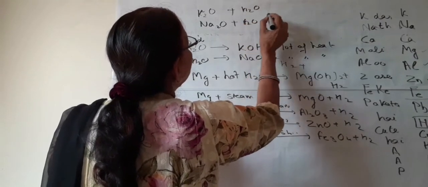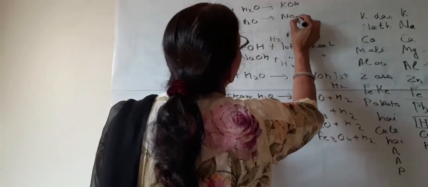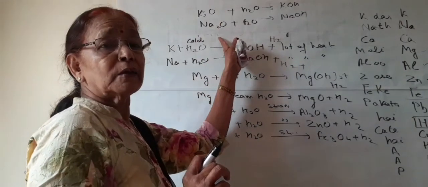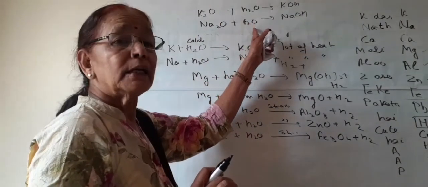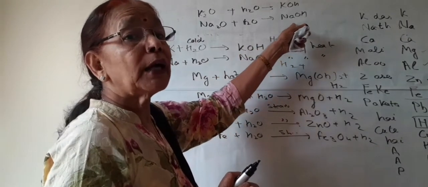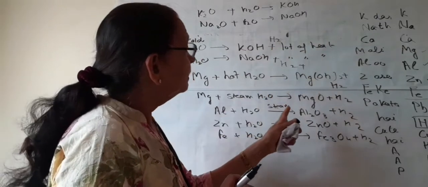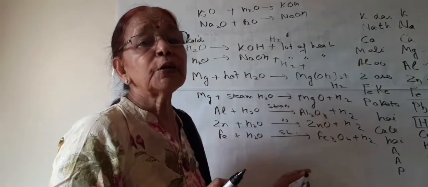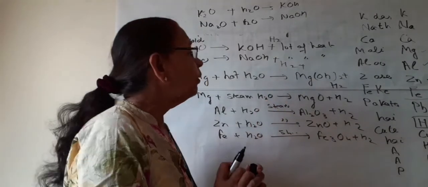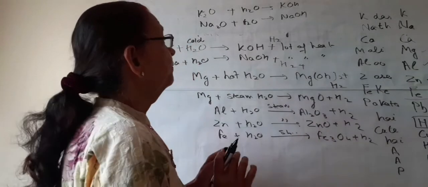They form KOH and NaOH. This means these oxides of sodium and potassium are soluble in water, and they form strong alkali KOH and NaOH. All others are not soluble in water. Calcium hydroxide is slightly soluble, but the others are not soluble in water.